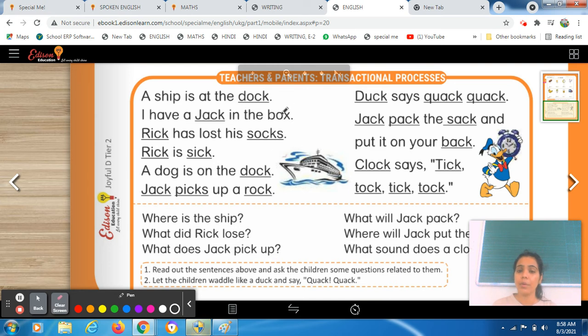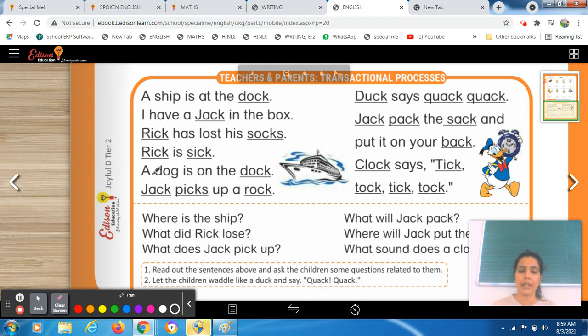See how you will read it: S-O-C-K, sock, and S is there, so you will say socks. Rick has lost his socks. What did Rick do? He lost his socks. S-I-C-K, sick. What is Rick? Sick. Sick means ill.